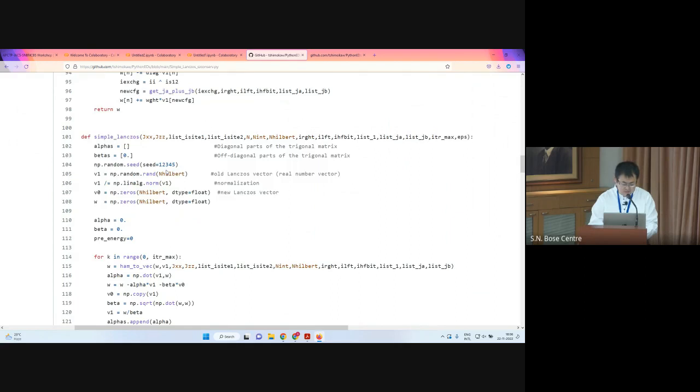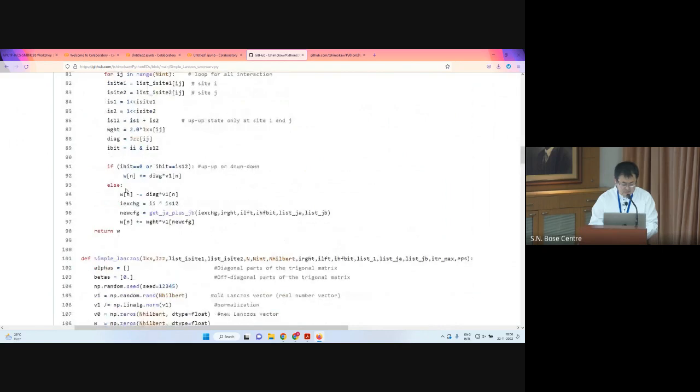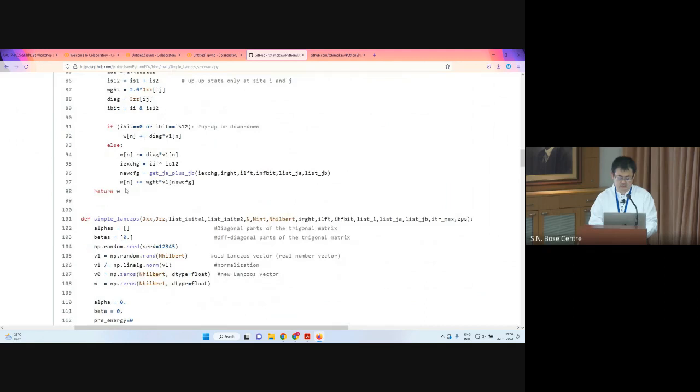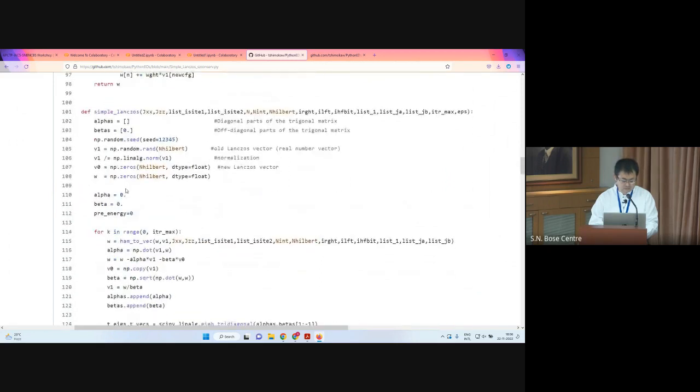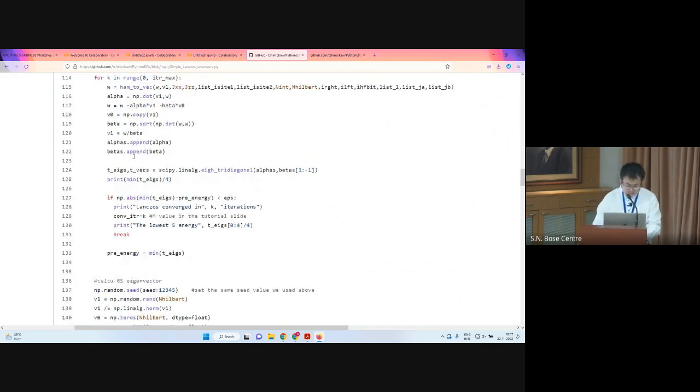In the Ham-to-Beg subroutine, when you are operating the S-I-Z and S-J-Z operators on a basis, you can get 1/4 or -1/4. But I skipped putting the 1/4 here because we should avoid round-off. So we are dividing by 4 later, after doing the Ham-to-Beg subroutine procedures.